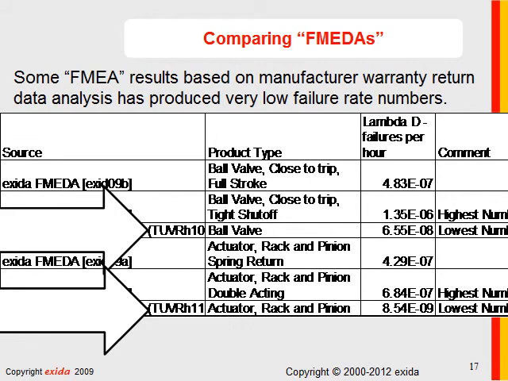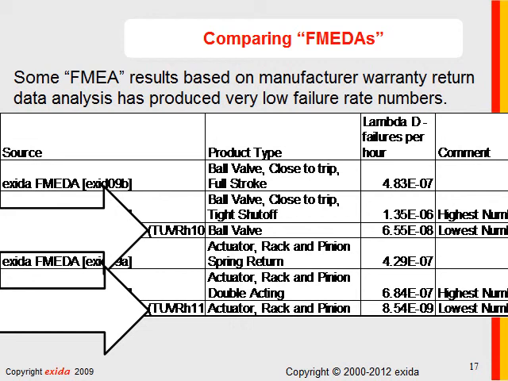Now, I told you about the biggest negative in FMEDAs. And in fact, all FMEDA/FMEA results being published today are not the same. Take a look at these numbers. The first three numbers are for a ball valve.